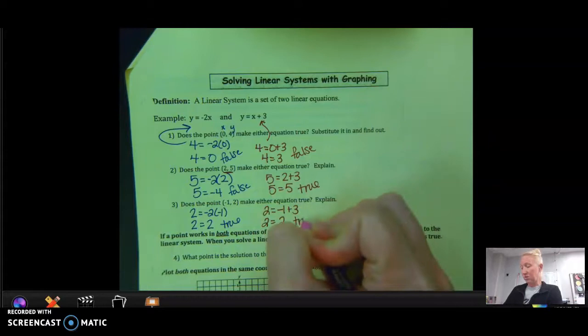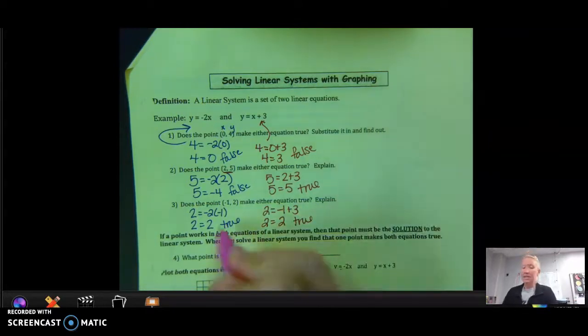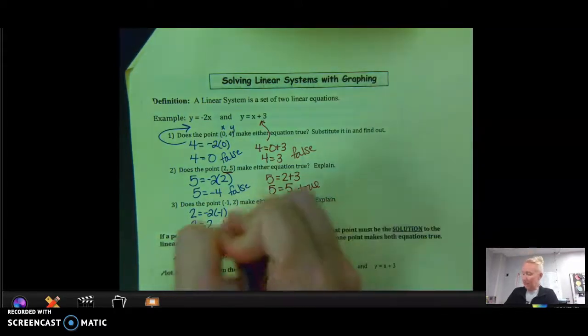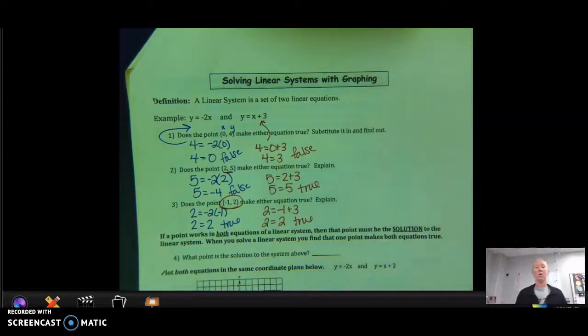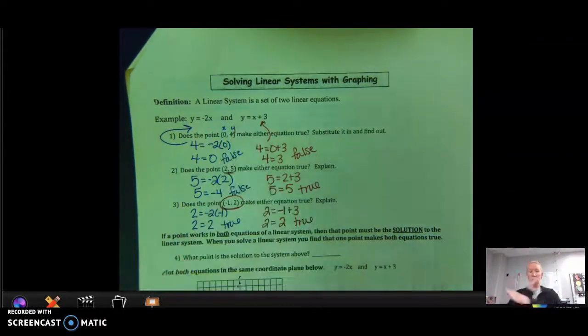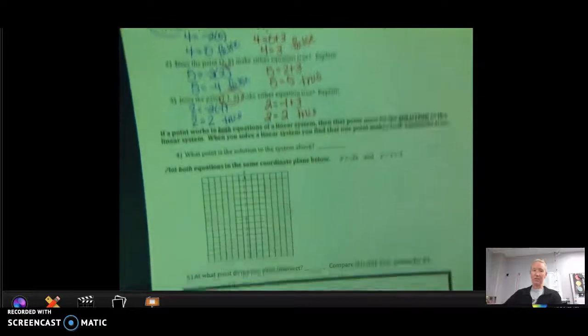So that is true. It's true for both, so this would be a solution to my system of linear equations, which means these two lines cross or intersect at the point (-1, 2). And that's what we're trying to find in this section.